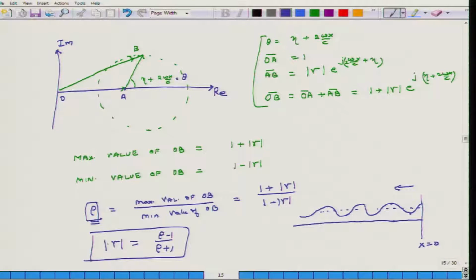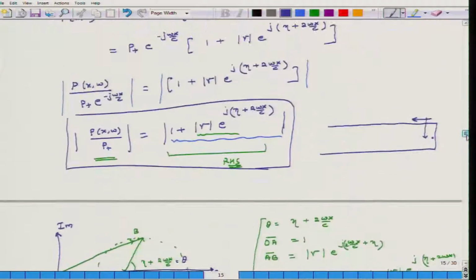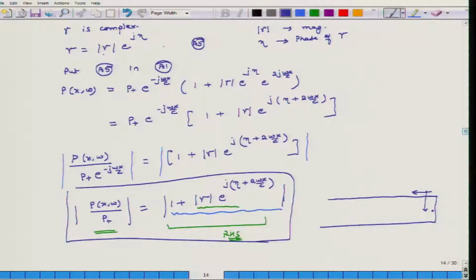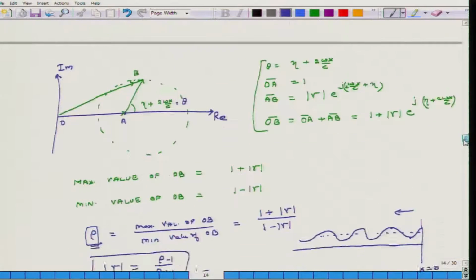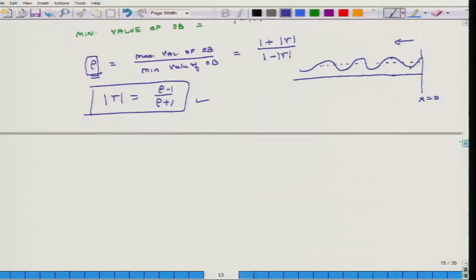So, I can compute rho experimentally, and once I have done that, I can calculate the modulus of gamma using this relationship. If this is done, then 50% of my problem is solved, because if I have to know gamma, I have to know its modulus and eta. So, I have known the modulus.